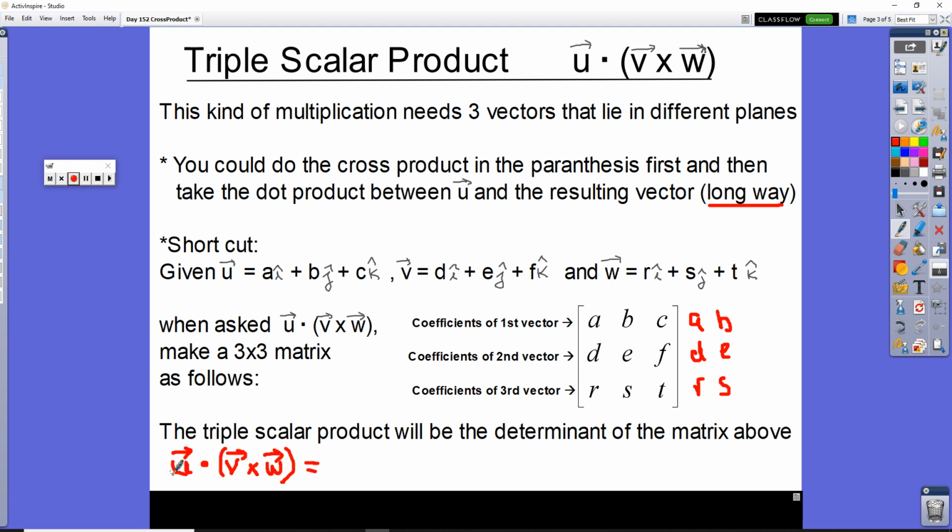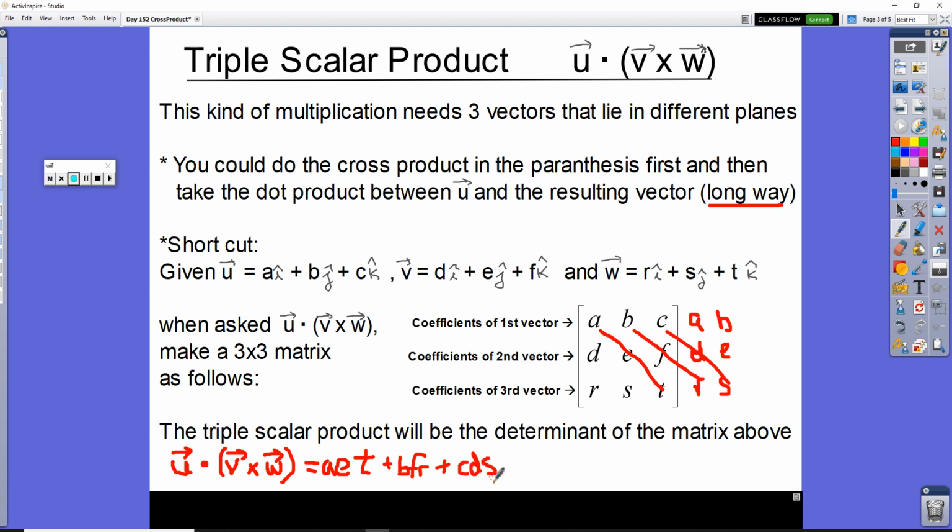So the answer for the triple scalar product of u dot v cross w would be a times e times t plus b times f times r plus c times d times s.